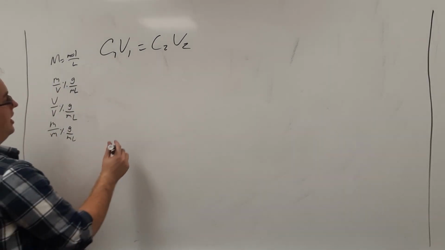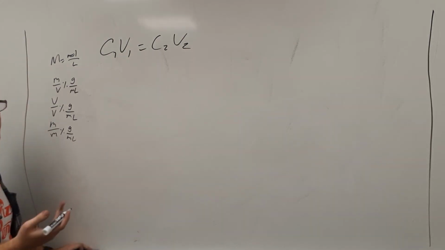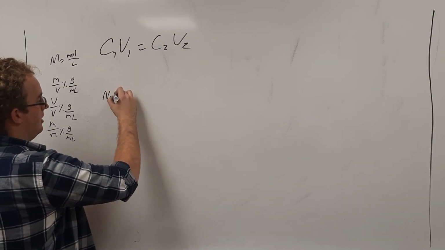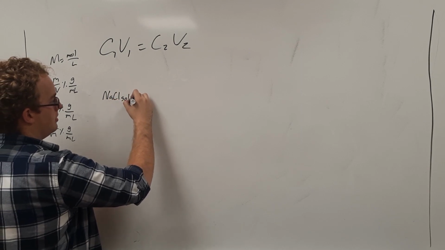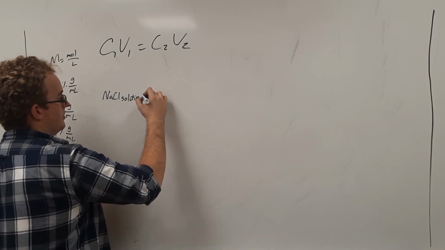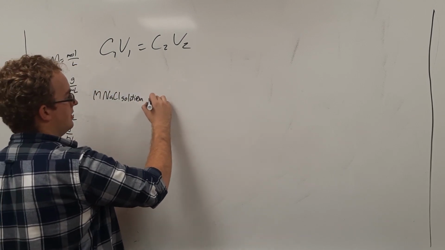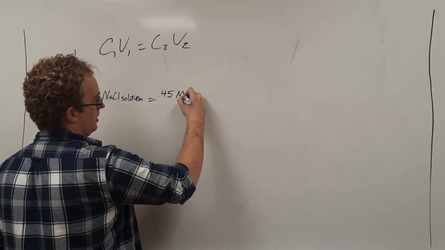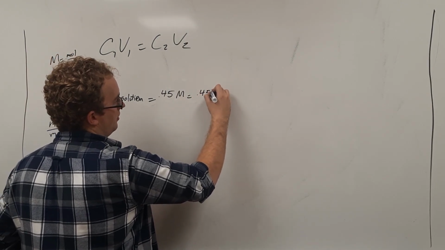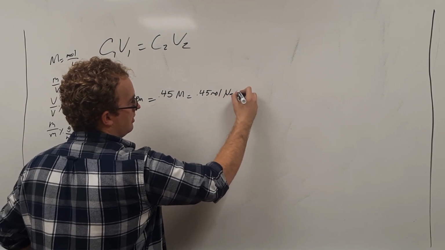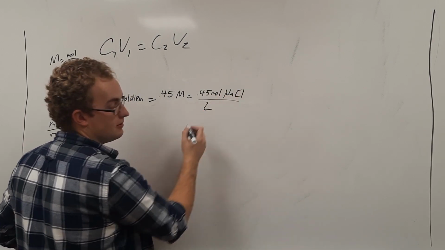So essentially, let's say we have a dilution problem where the molarity of a certain solution of, say, NaCl is, say, 0.45 molarity, which means 0.45 moles of NaCl per liter, right?